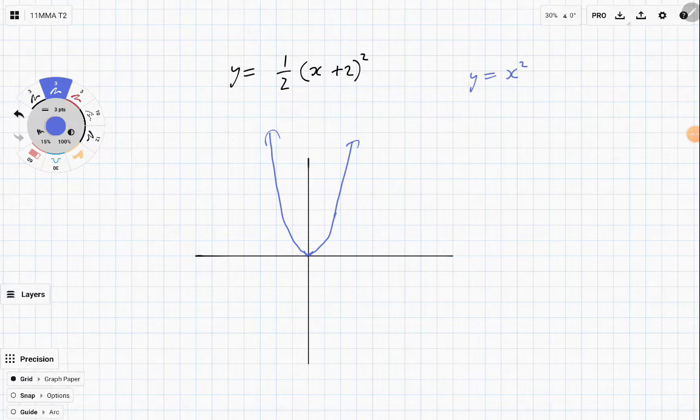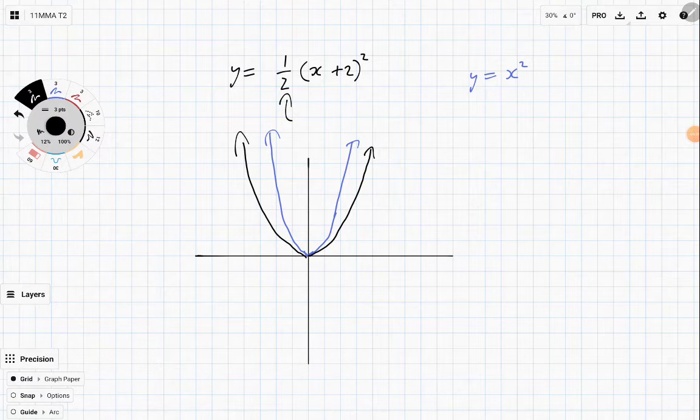Now, the fact that it has a half written in it means that it is going to be even closer to the axes, which means it's going to come up a little bit more gradually, maybe slightly wider than the previous one. Obviously, it should be symmetrical, but you can't always give that symmetry. And the other part about it is that it has a plus 2.